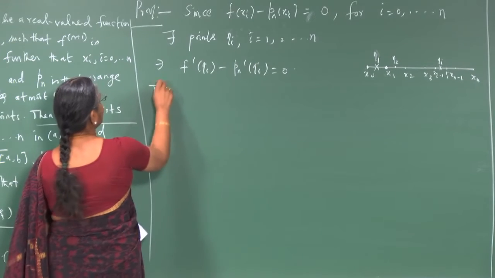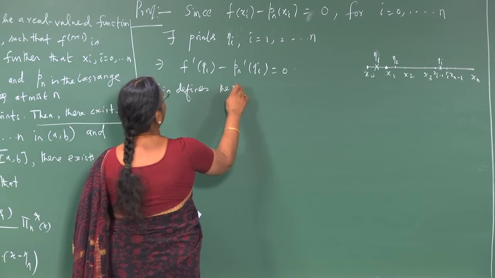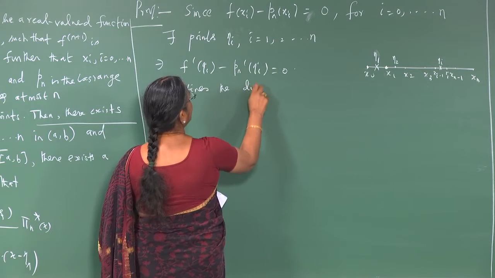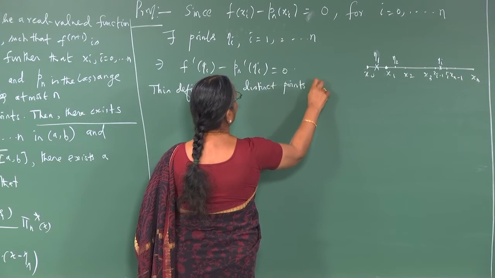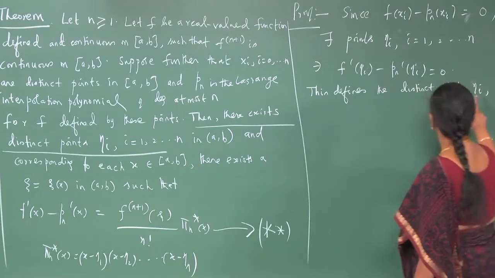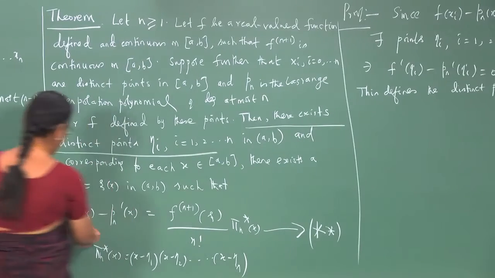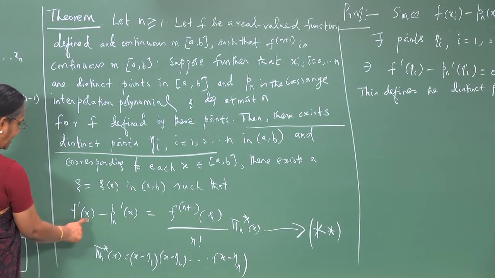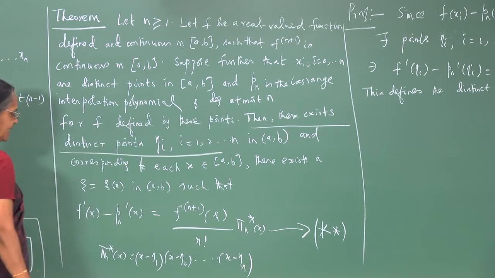So, this defines the distinct points eta i, for i equal to 1 to n. What happens at x equal to eta i? When x is equal to eta i, f dashed of eta i minus p n dashed of eta i, just now we showed that it is 0.